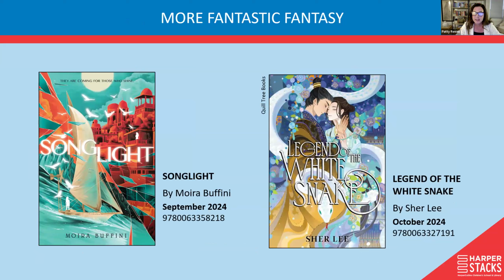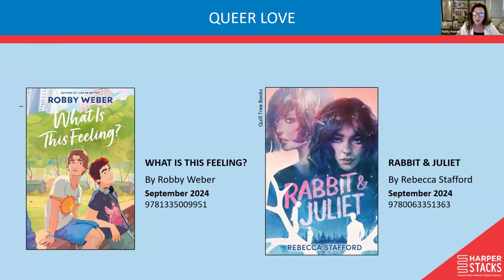And then Legends of the White Snake. This is a story based on one of China's 4 great folk tales. While the tale is well known, Legends of the White Snake centers on a male-male couple. So even readers who are familiar with the original legend will find new elements to love in this retelling that has all of the ingredients of a successful romantasy. Minus bitey horses, though. I don't think we have any of that in this book.